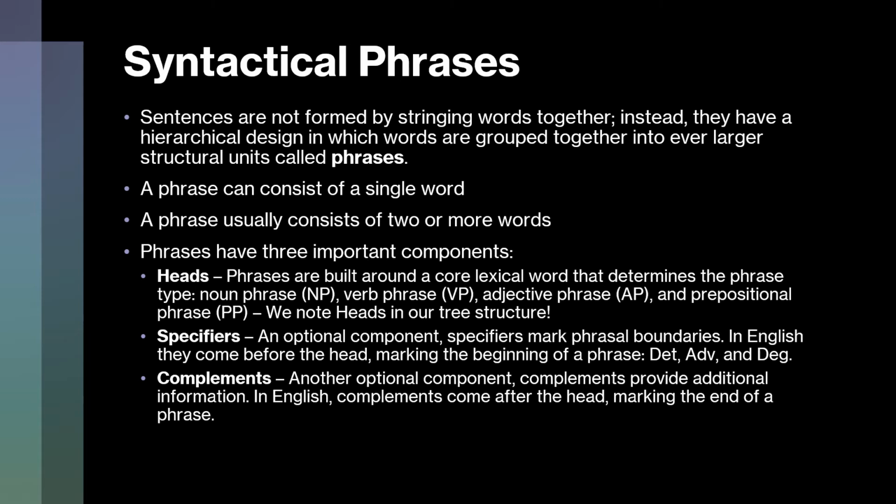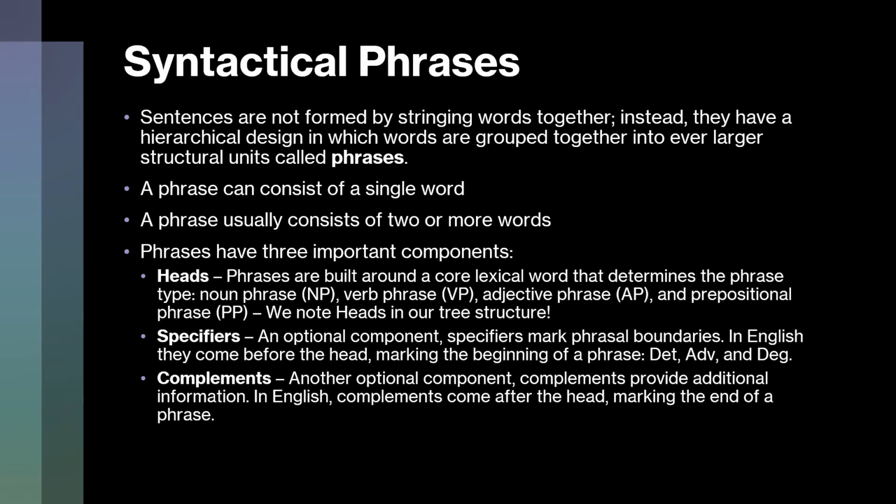Phrases have three potentially important components we want to pay attention to. Every phrase is built around a head, and that head has to be a core lexical word. That head determines the phrase type. So a noun phrase has a noun head, a verb phrase has a verb head, an adjective phrase has an adjective head, and a prepositional phrase has a prepositional head.